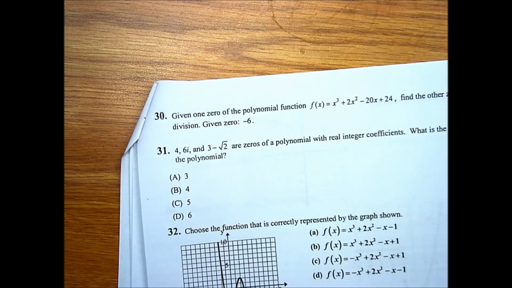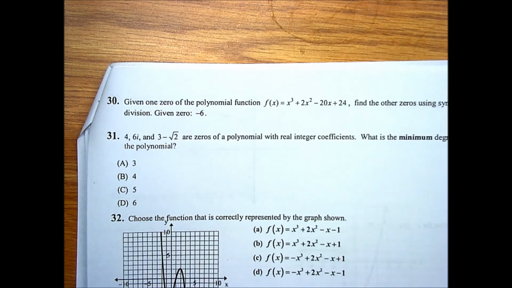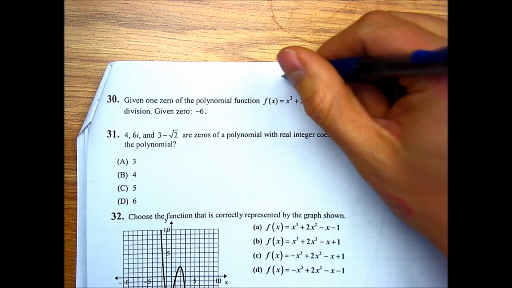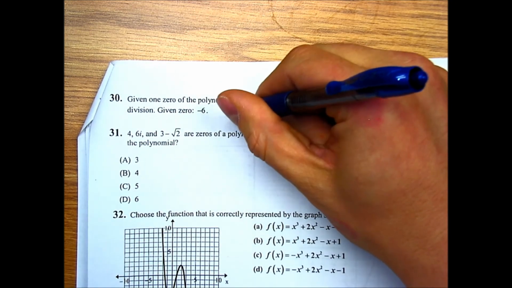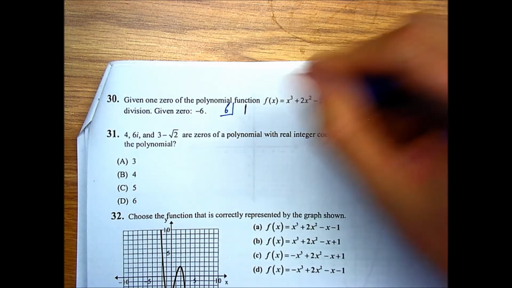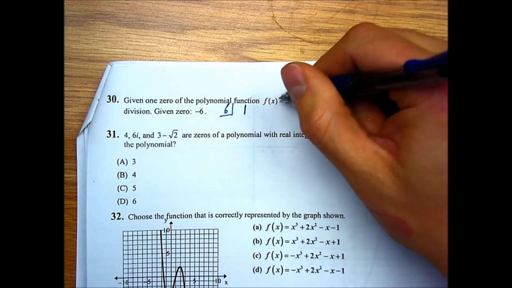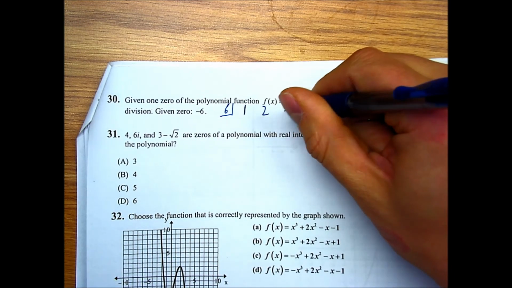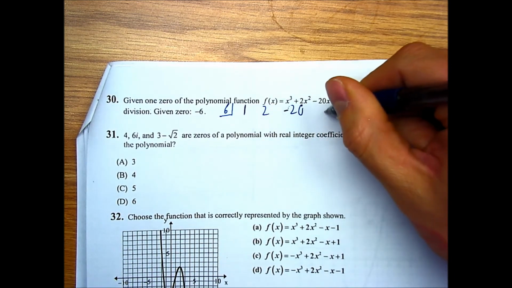Question 30. Given one 0, find the other zeros. We'll use synthetic division here. So since 6 is a 0, I can divide this evenly into the polynomial. The coefficients here are 1x cubed, 2x squared, -20x, and +24.